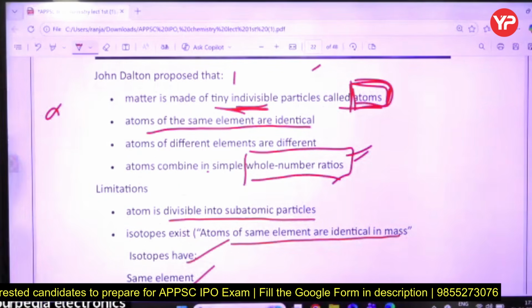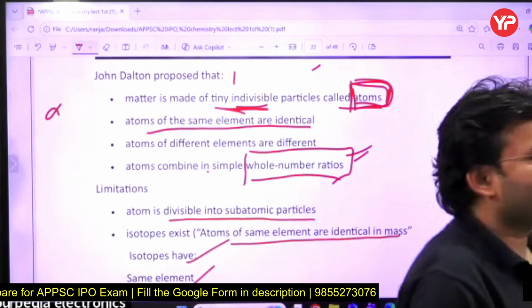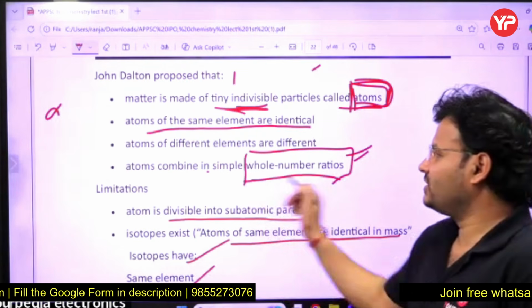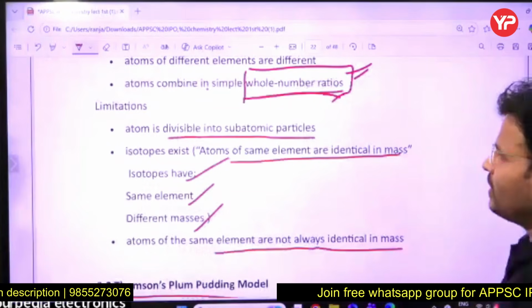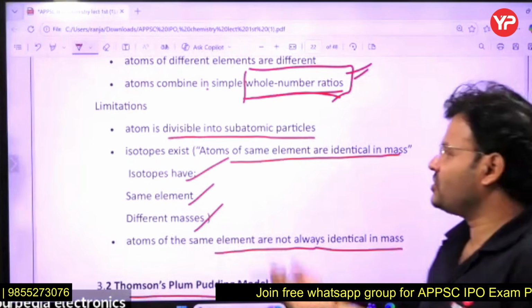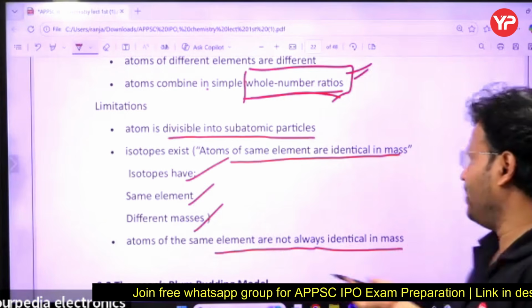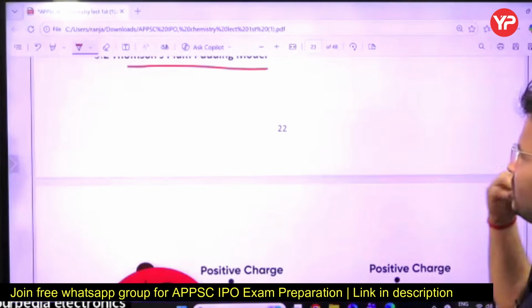The same element will have the same mass? That's not necessary; it can even be different. And the next point, that atoms combine in whole number ratios, is correct. The limitations: the atom is divisible, and atoms of the same element are not always identical in mass.